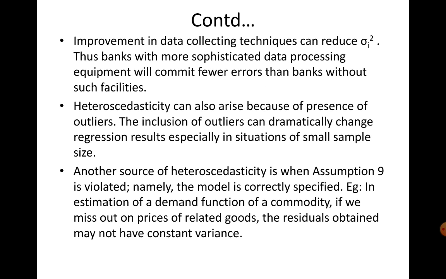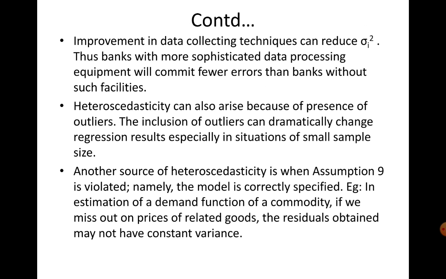Another source of heteroscedasticity is related to the data collecting techniques. If you have more improved and more sophisticated data collecting techniques and machinery, you can reduce the sigma i square. An example would be if you're studying data from banks where you have a mix of small as well as very large MNC banks.